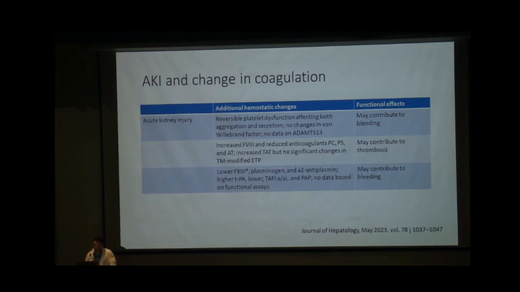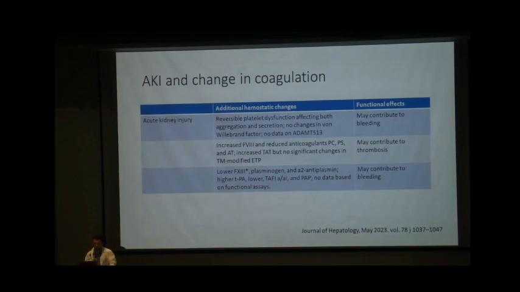There is increased factor 8 and decreased protein C, protein S, and antithrombin, and there is an increase in thrombin activation time, but no effect on thrombin production. This basically contributes to thrombosis. There is a lower factor 13 level, which helps in stabilization of the clot. There is lower plasminogen and alpha-2 antiplasmin, higher tissue plasminogen activator, and lower thrombin activatable fibrinolysis inhibitor, which contributes to bleeding.